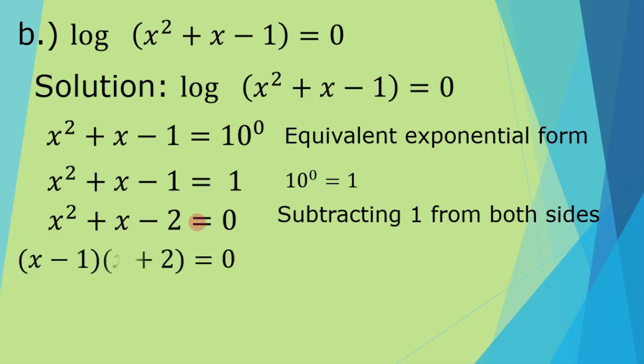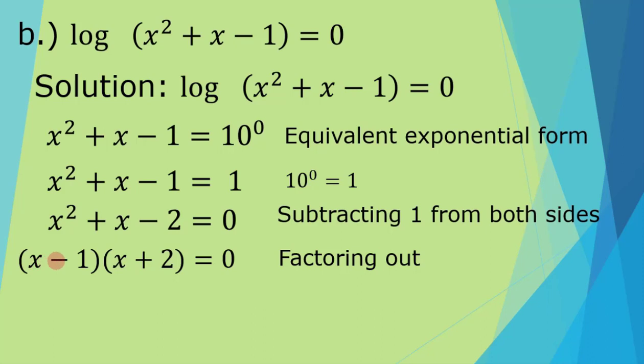And we have this expression. Next, factoring out. So what are the factors of x squared plus x minus 2? Since this is minus 2, possible factors of 2 or negative 2 are negative 1 and positive 2 or vice versa. But in this case, since the middle term is 1x, it has to be that positive 2 is here and then we have minus 1.